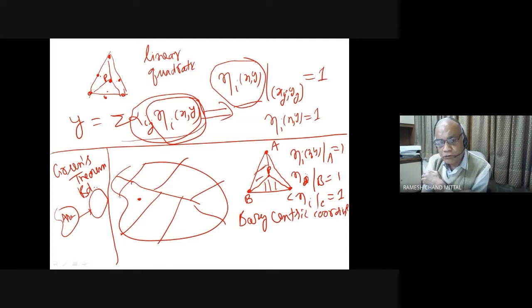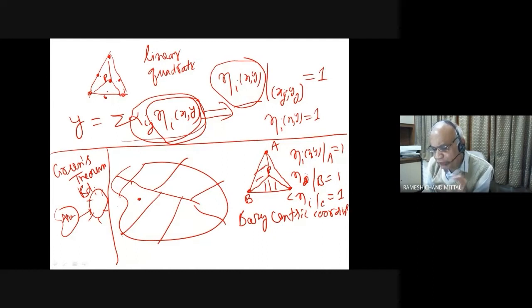You don't have to discretize the interior of the domain, only the boundary. Meaning thereby that you will have far fewer elements than in finite element, and you can get a better solution.